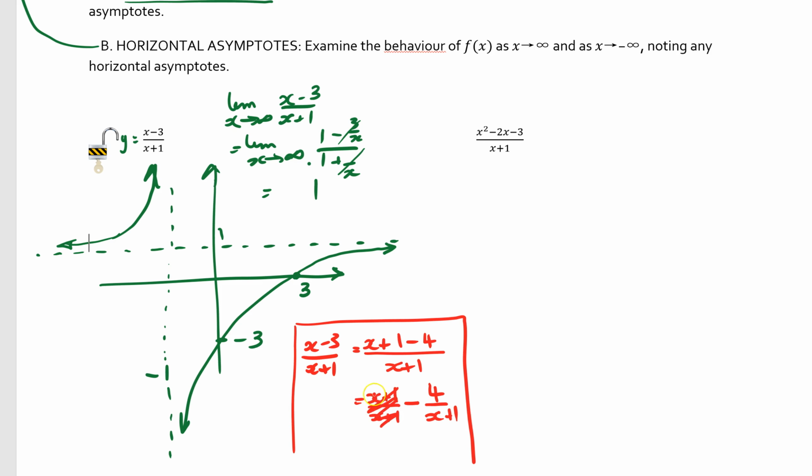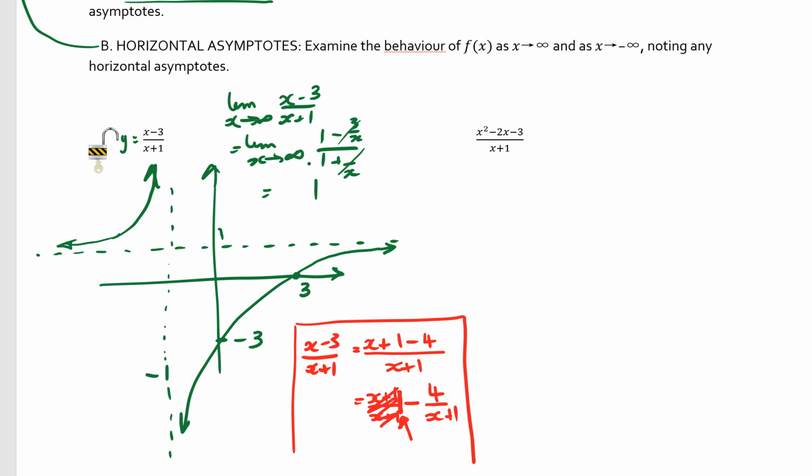And this, of course, is 1. And that gives me my horizontal asymptote as well, that value just there. It's called the method of partial fractions, which is, as I said, beyond the course, but it's not hard, and it's something you may wish to have in the background somewhere.